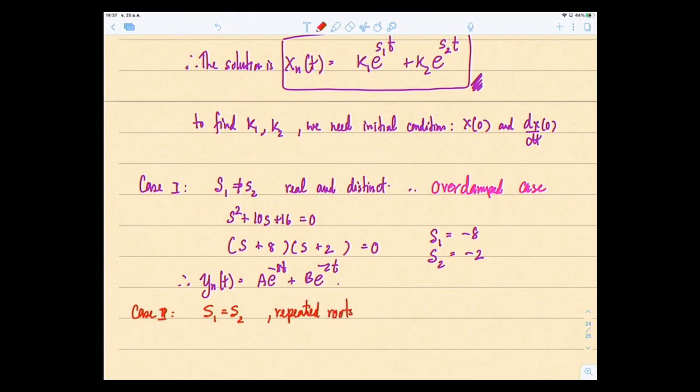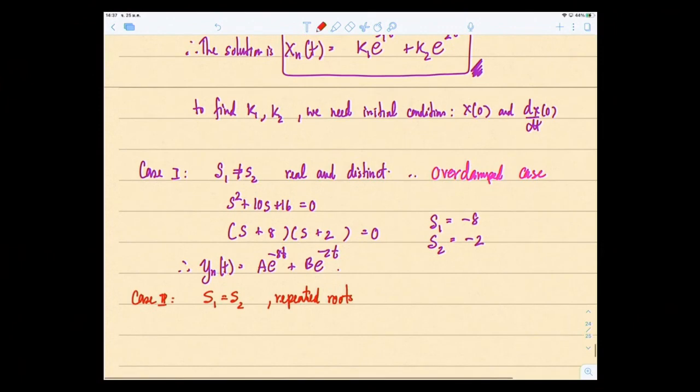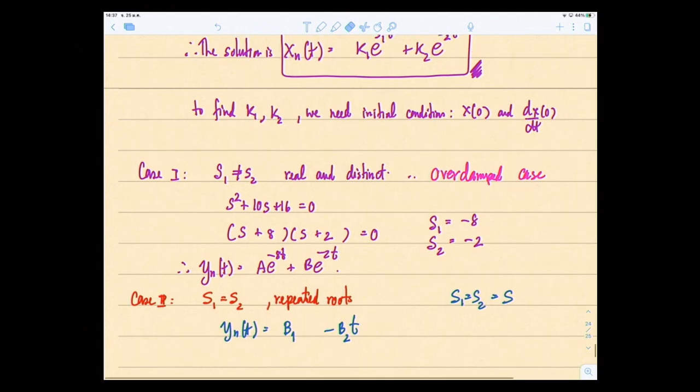So your solution in this case, yn of t, would be in the form of b1 e to the s1 t plus b2 t e to the s1 t. They are the same, so let me call s1 equal to s2 equal to s. So the answer would be b1 e to the st plus b2 t e to the st, like this.